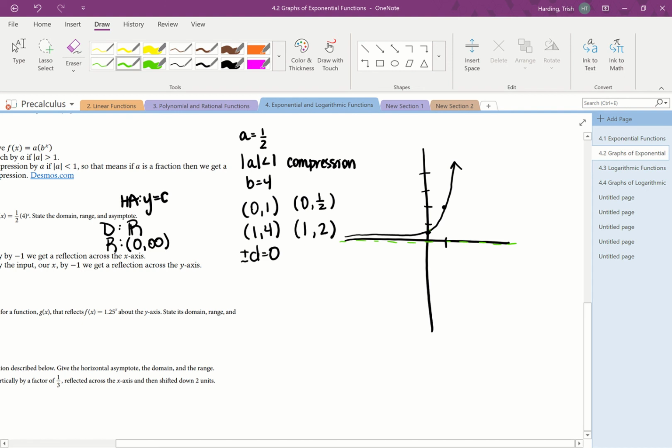So we would have originally had 0, 1, and then we would have had 1, 4. There we go. Notice how we just squished it down more towards the y-axis.